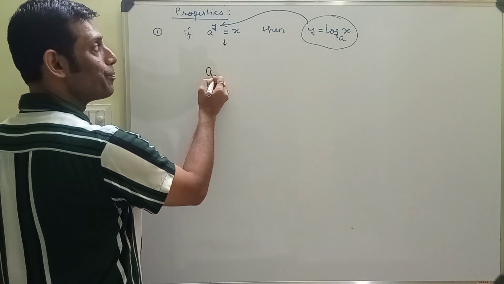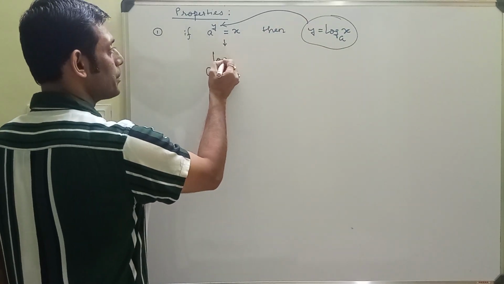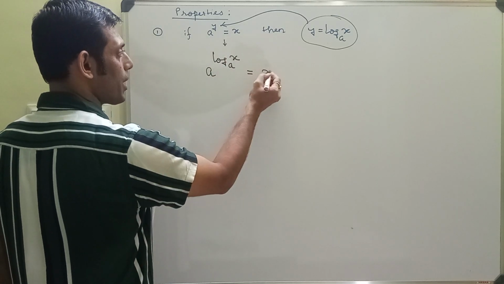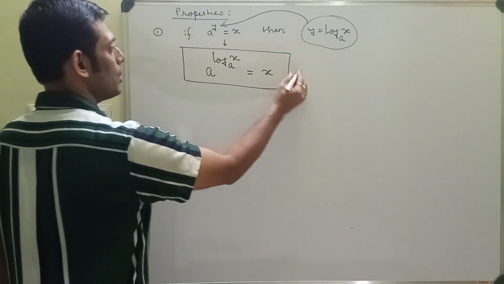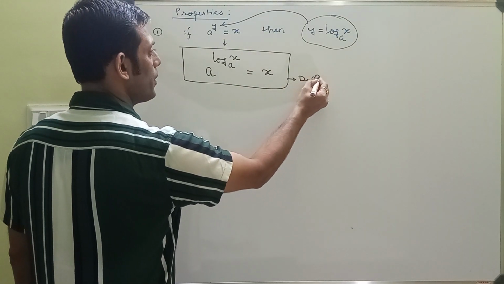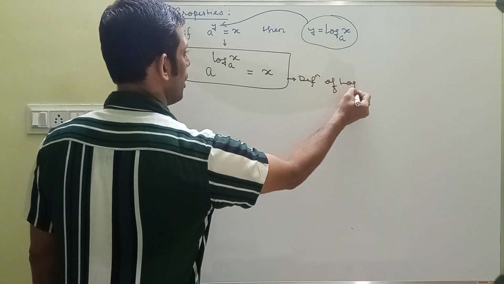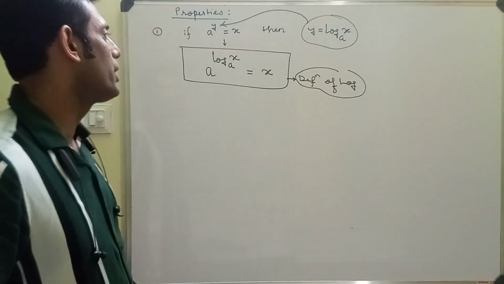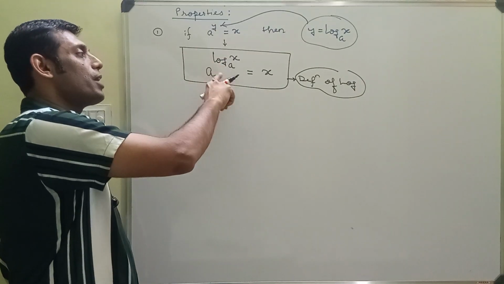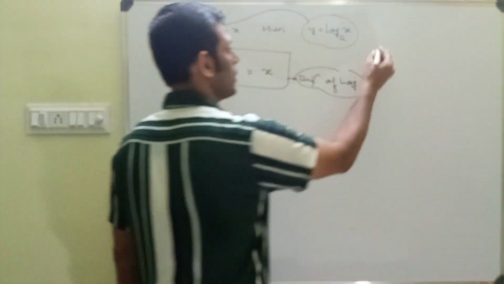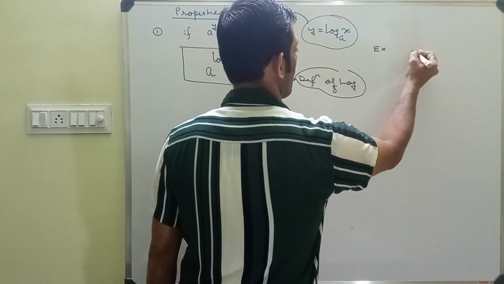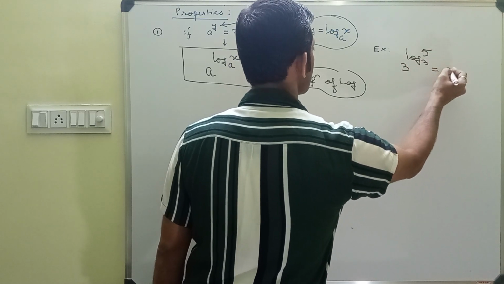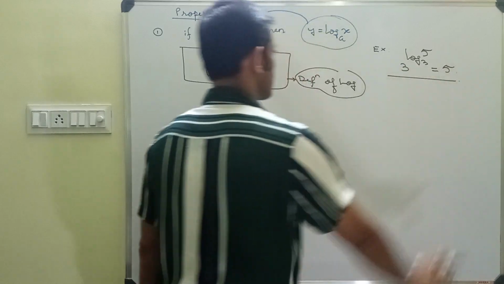A to the power log x base a equals how much? This same x. This becomes the definition of the log operator. A power log x base a equals x. For example, 3 power log 5 base 3 is going to be straight 5. This is how it operates.